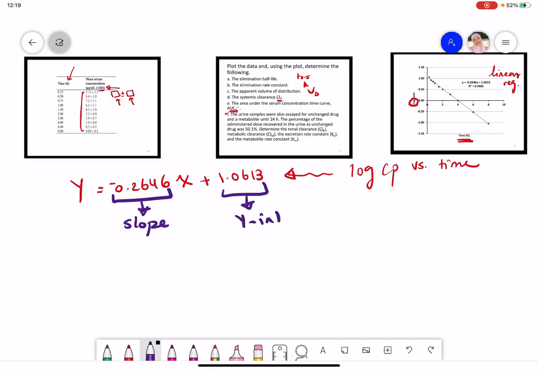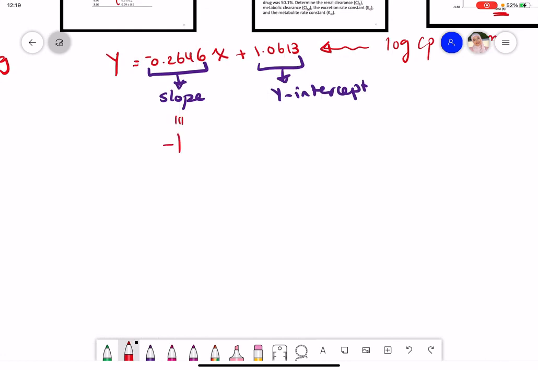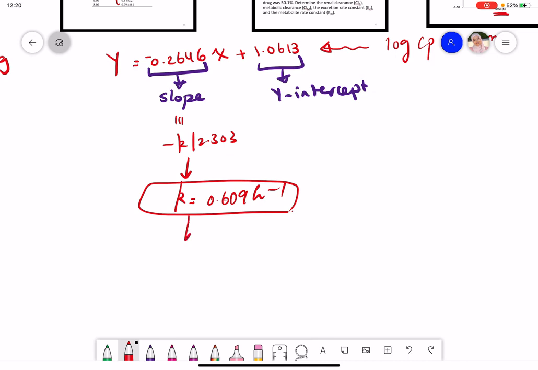And as I mentioned before, you can use this slope, which is equal to minus K over 2.303, to determine K, which is 0.609 per hour. We can use this to determine the half-life, 0.693 over 0.609, which is equal to 1.137 hours.